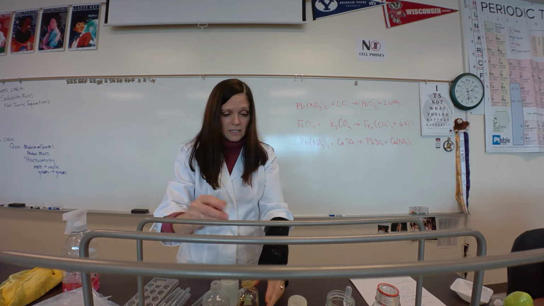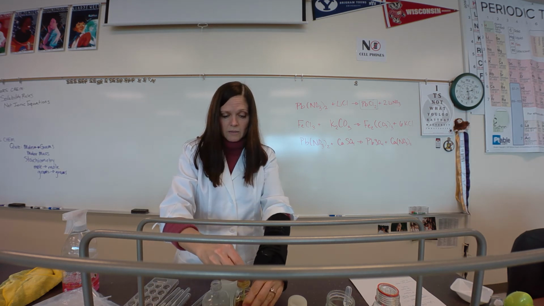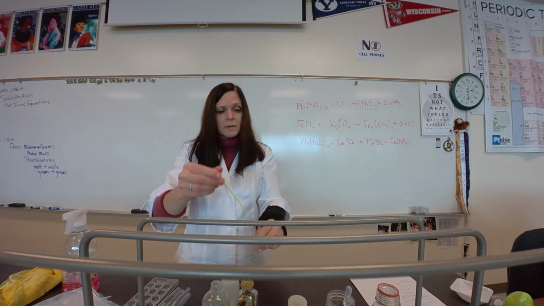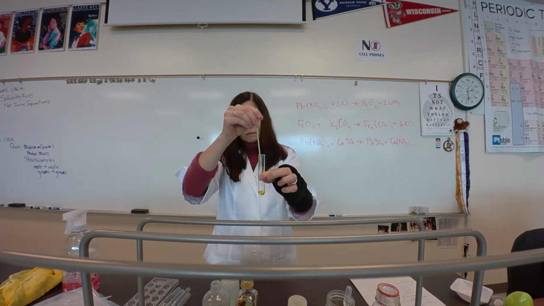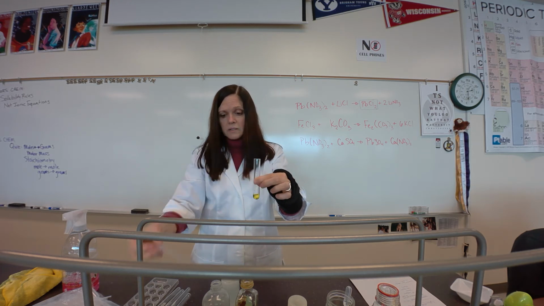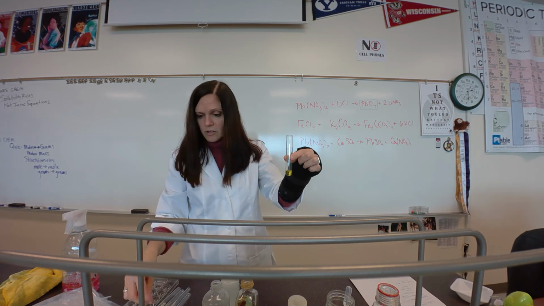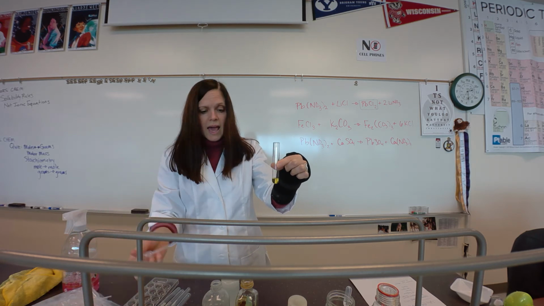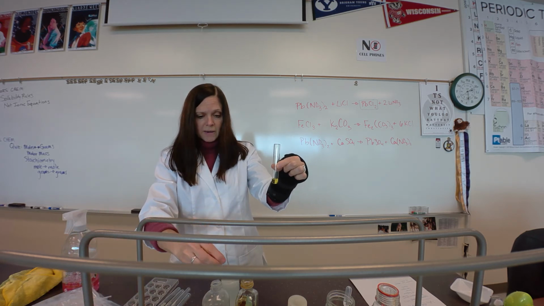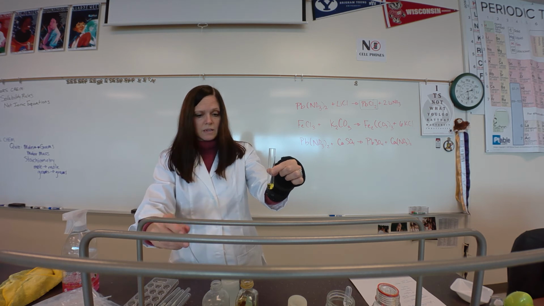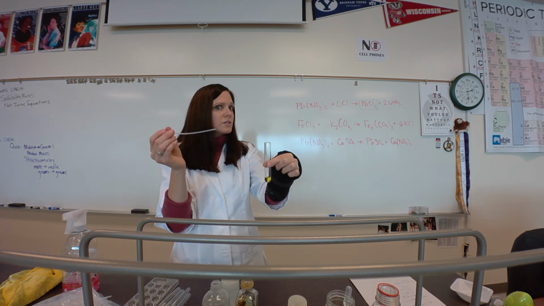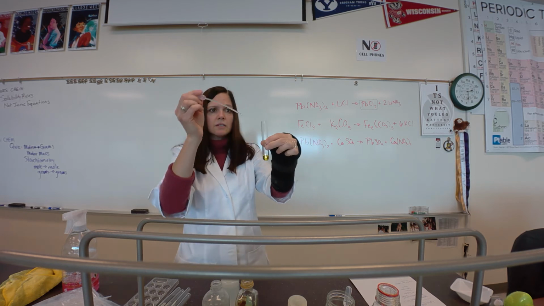It is clear, but it is definitely not colorless. So I'm going to start with about 1 ml of the iron III chloride, and then I'm going to add some potassium carbonate.